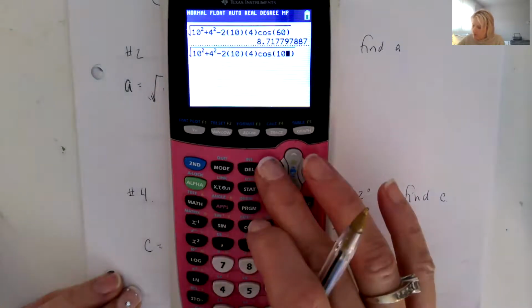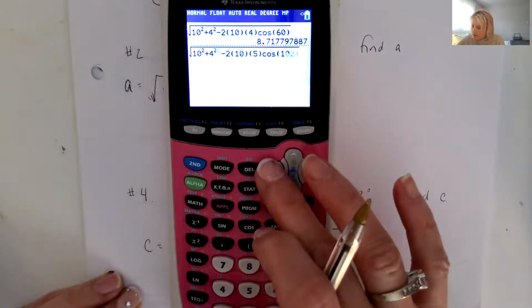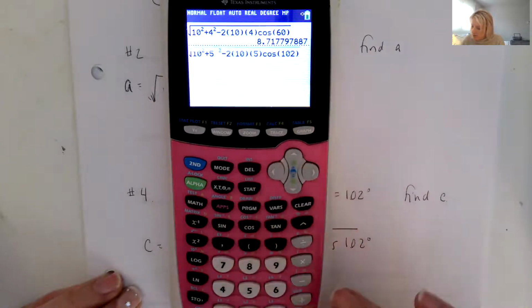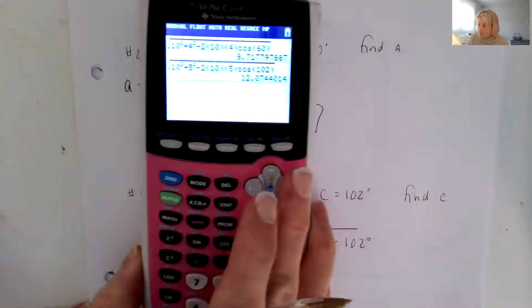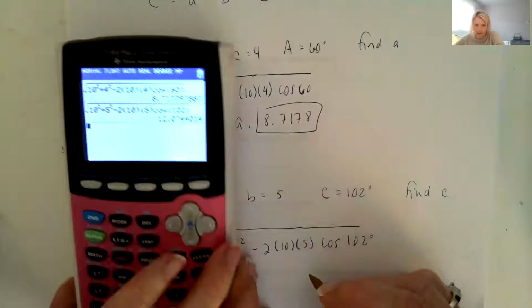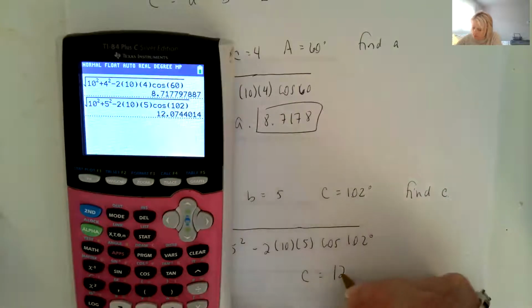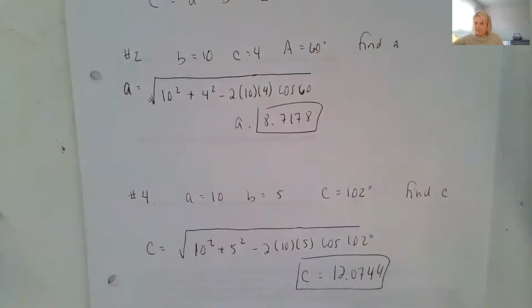Insert the 102, and then 10 and 5 for the values. And I get 12.0744. So C is equal to 12.0744. Isn't too bad.